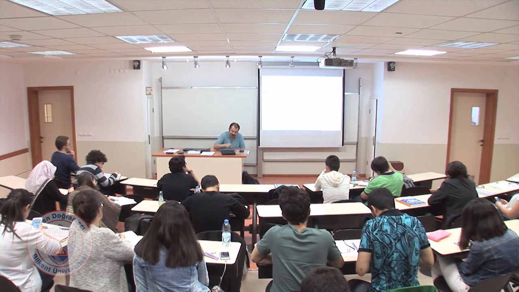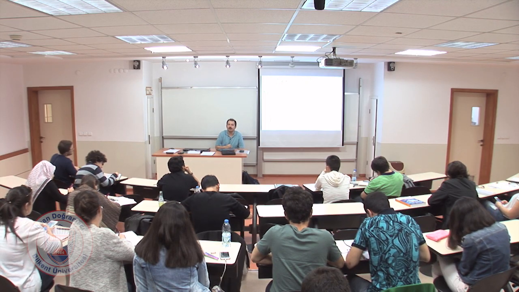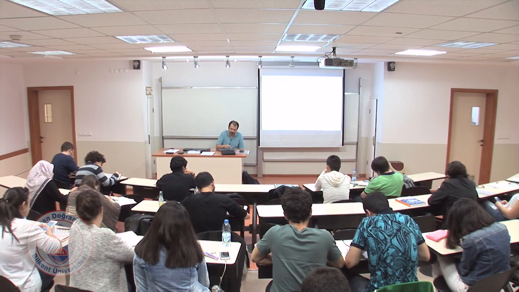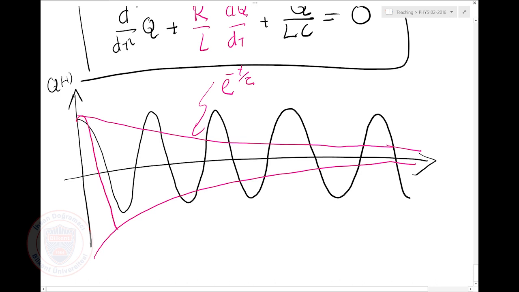So I expect the oscillation amplitude to be less with passing time. So this is exactly what happens. When you introduce this resistor, you sort of have this exponential envelope, so you have e to the minus t over tau kind of behavior. And your oscillations will still happen, but their amplitude will be squeezed by this exponential envelope.